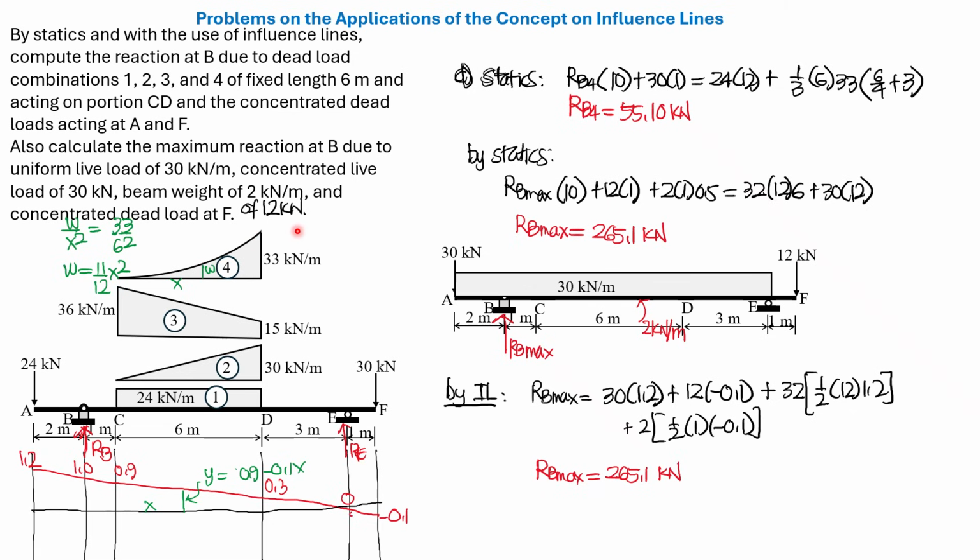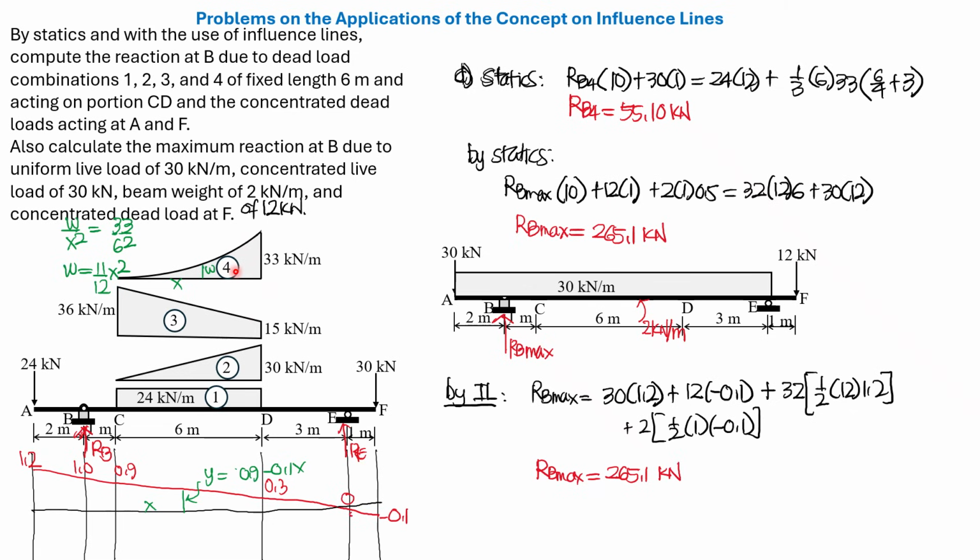Then by statics, summation of moment about A: RB4 times 10 plus 30 times 1 equals 24 times 12. Then the area of this is equal to 1/3 of 6 times 33.